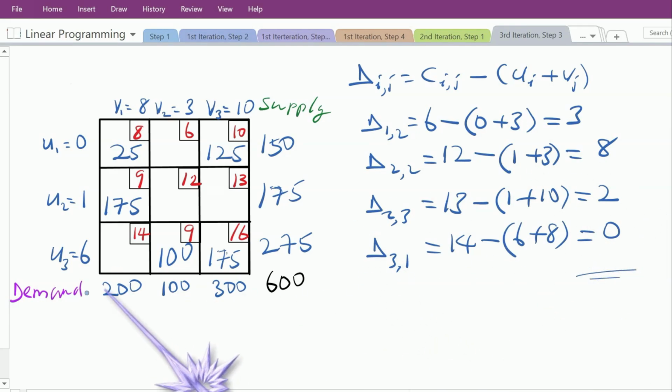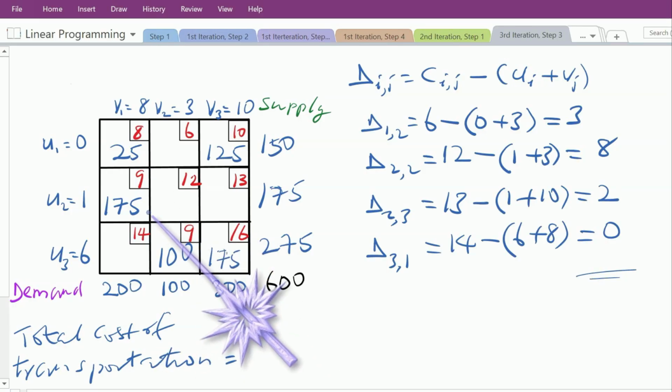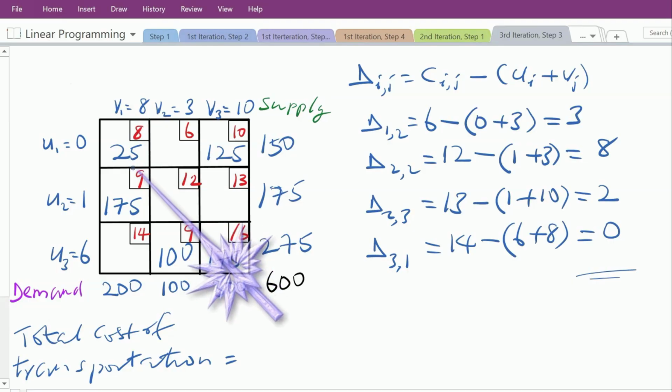So we go there and we say total cost of transportation is equal to, you multiply the quantity by the unit price.